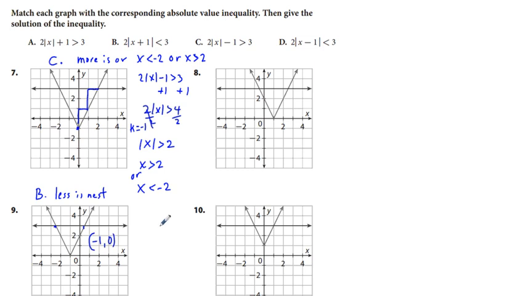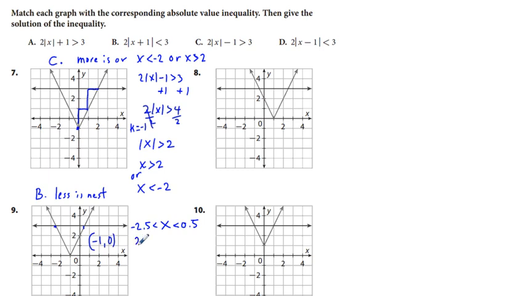So we would say x is greater than -2.5 but less than 0.5. Does that look right? Yeah, it looks right. And algebraically, how do we do that?